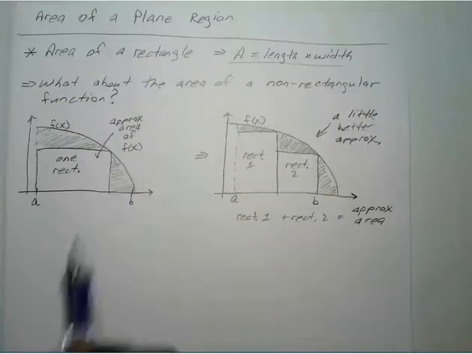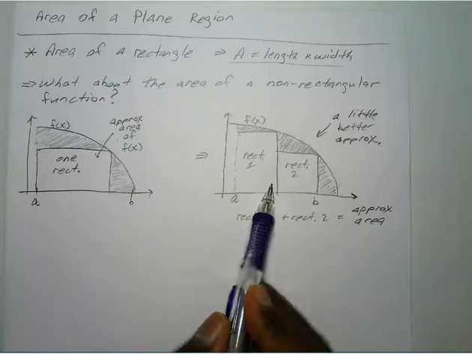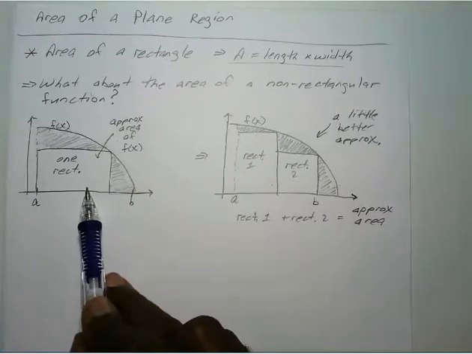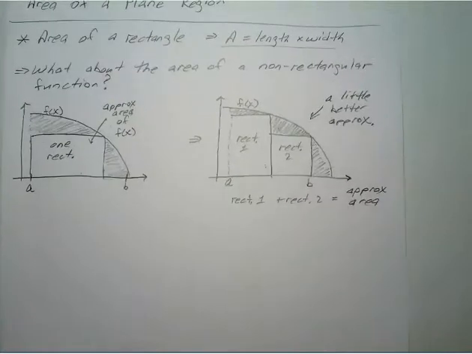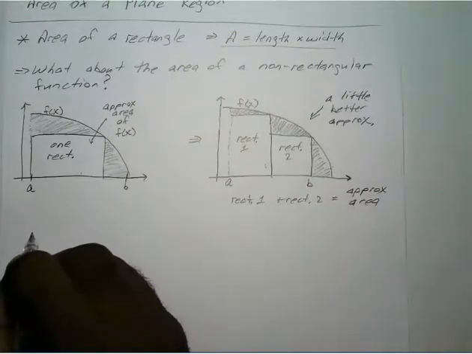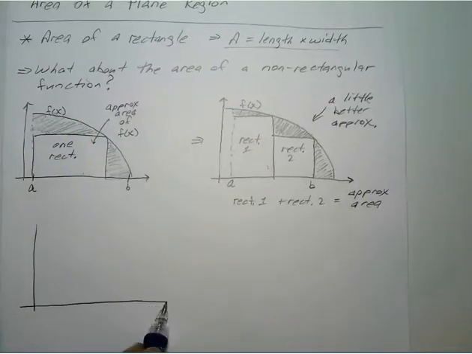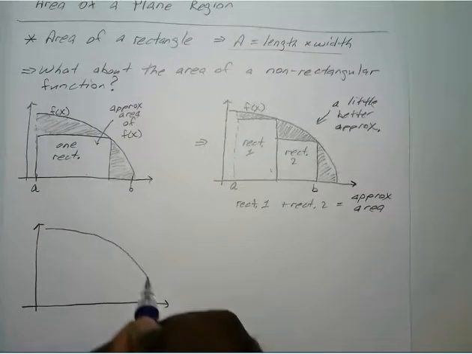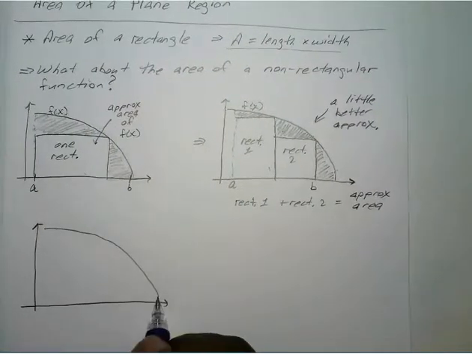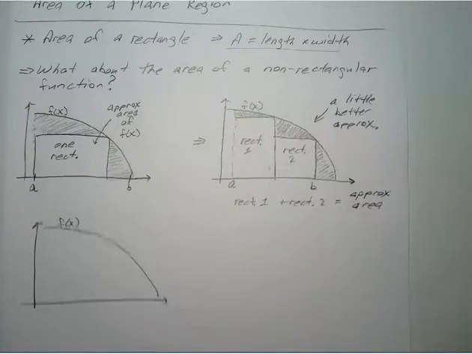If using one rectangle was okay, and using 2 rectangles was a little bit better, what if we decide to use 5 rectangles? Okay, so we have our function here, and again, this is our f of x.